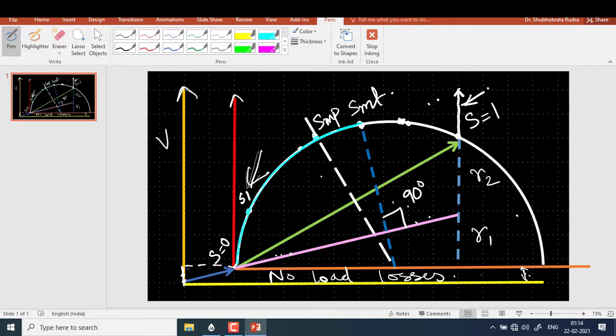Okay, now this is S1. Just let us conclude what our output power is at S1. Just draw a line parallel to it. Actually, we know the output power because the output power requirement was already mentioned to us. So this is our output mechanical power. Now, what is the input power?